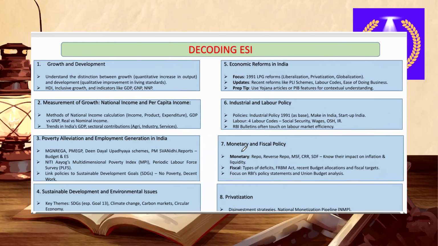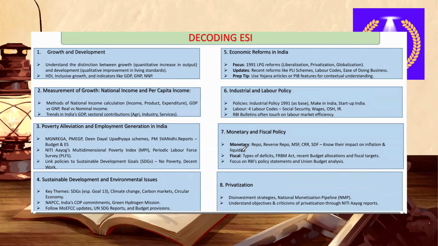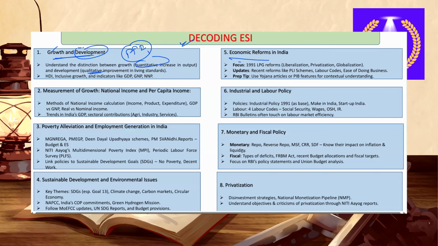Now, briefly we can see the decoding of ESI. These are the macro topics given in your syllabus. Growth and development. Growth is what? A quantitative tool, and development is what? A qualitative one. If per capita income is increasing, whether it is going to each and every section.